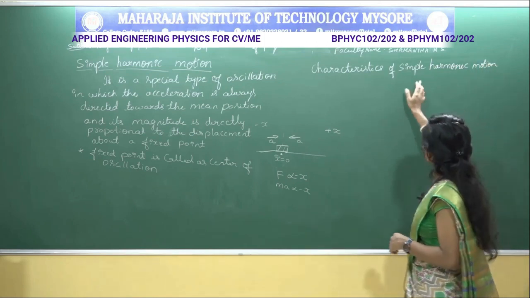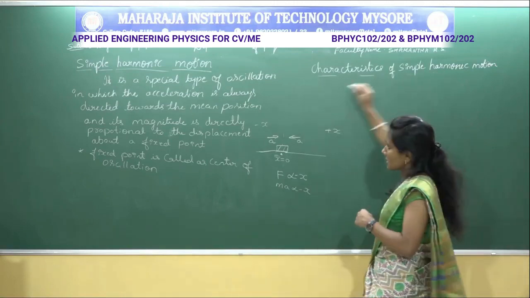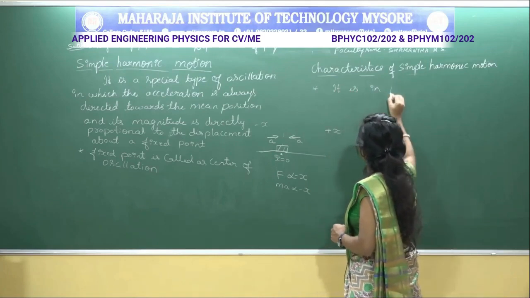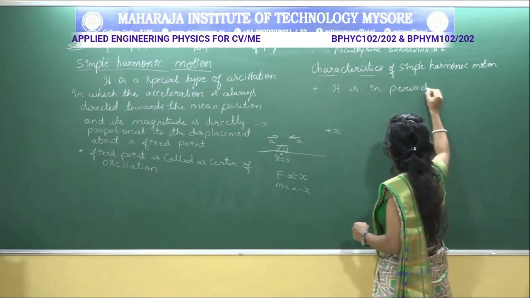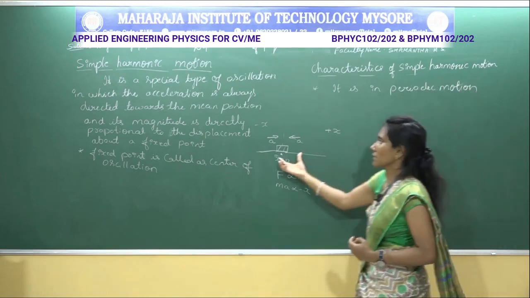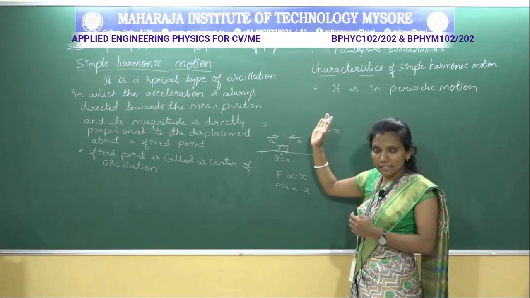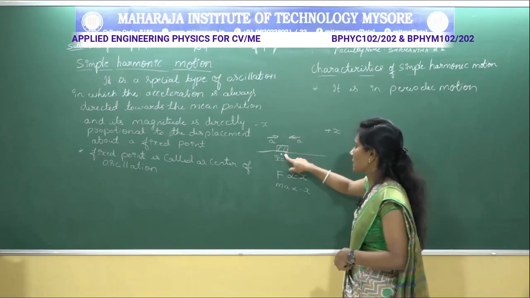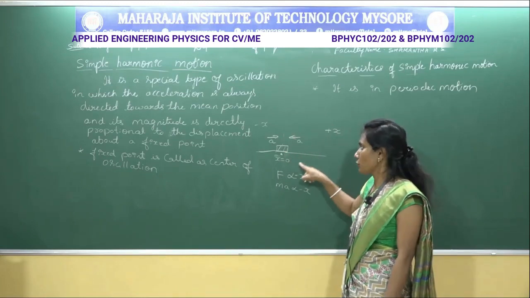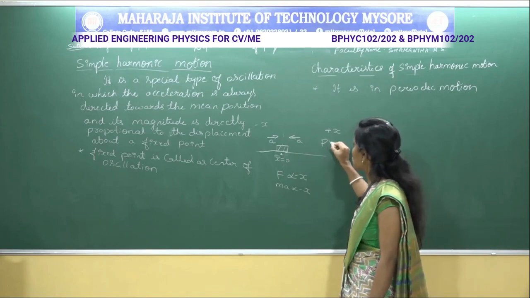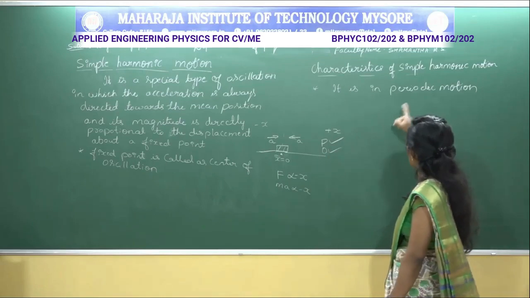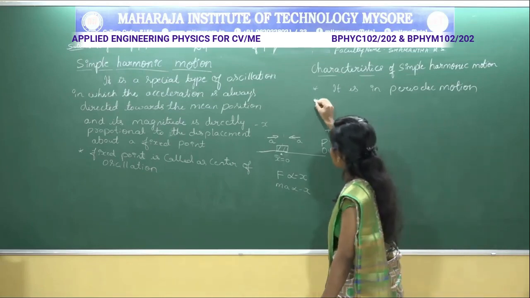So what are the characteristics of this simple harmonic motion? One is that it is periodic motion. That means after some regular interval of time, the motion repeats itself, and it also executes to and fro motion, so it is periodic in nature and also oscillatory.